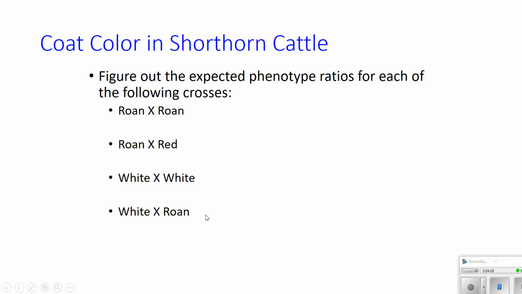So this would be a good time to pause the video, see if you can work out each of these 4 crosses, either by doing Punnett squares, or maybe you can just picture it in your head and see if you can figure out what phenotypes we are expecting to see in the offspring. Go ahead and pause the video and give it a try.